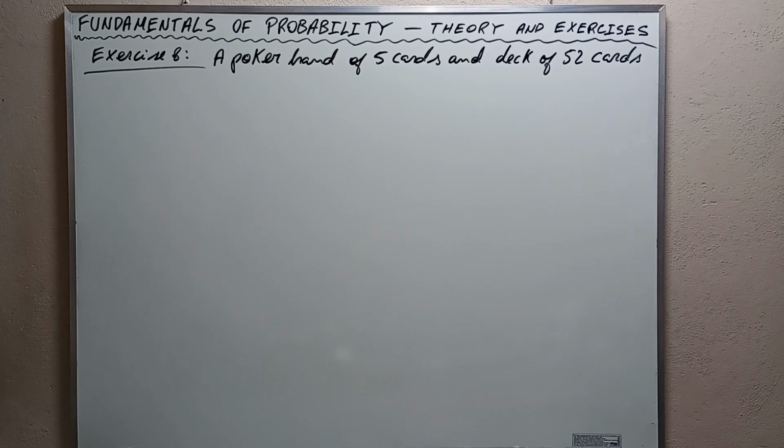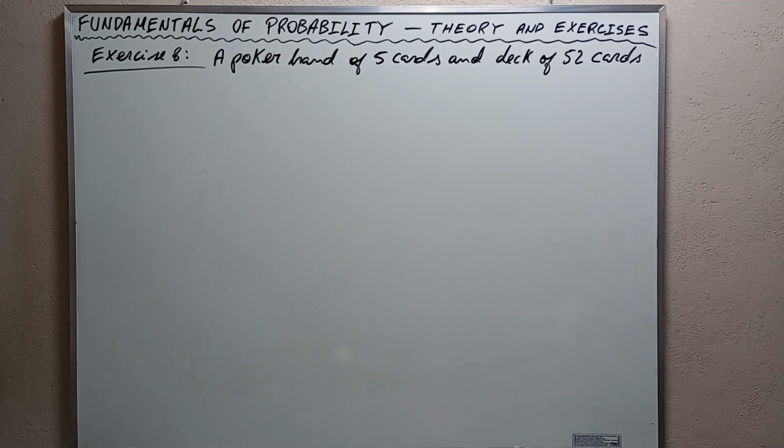If the cards have distinct consecutive values and are not of the same suit, we say that the hand is a straight. From a deck of 52 cards, what is the probability that one is dealt a straight?